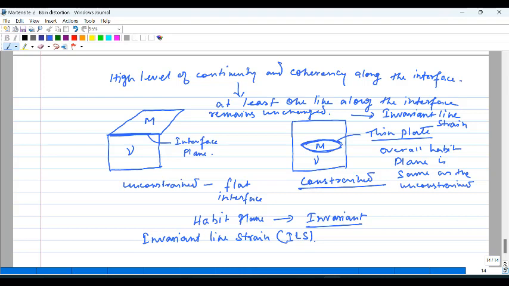So there is a discrepancy. So this is the second question that we need to address. Why is this discrepancy? The Martensite will form only when it is an invariant line strain, but what is observed is an invariant plane strain. The habit plane is found to remain unchanged.